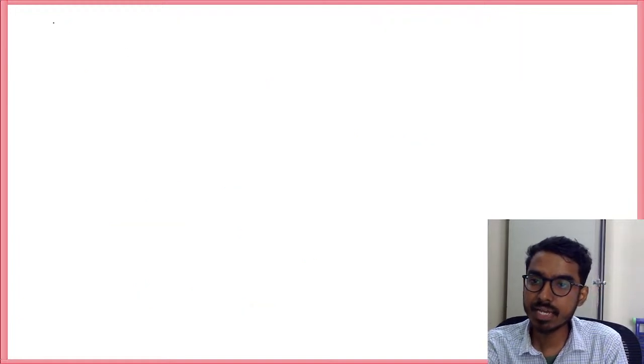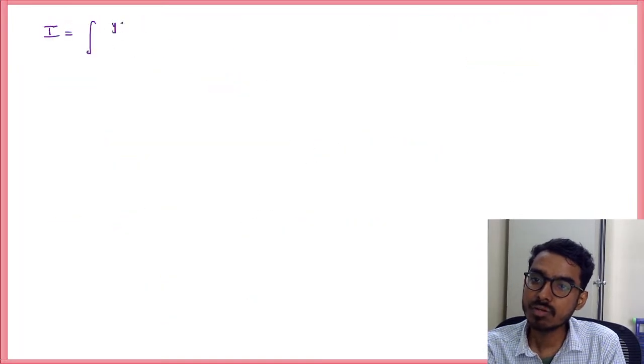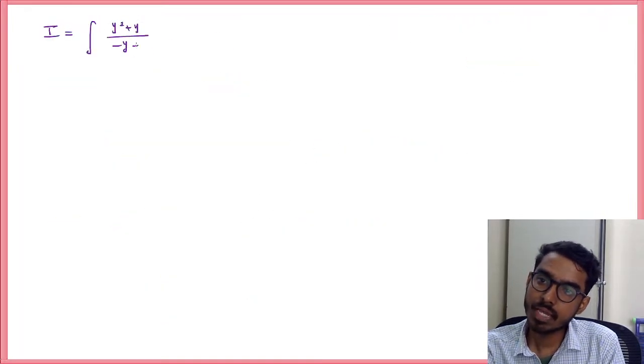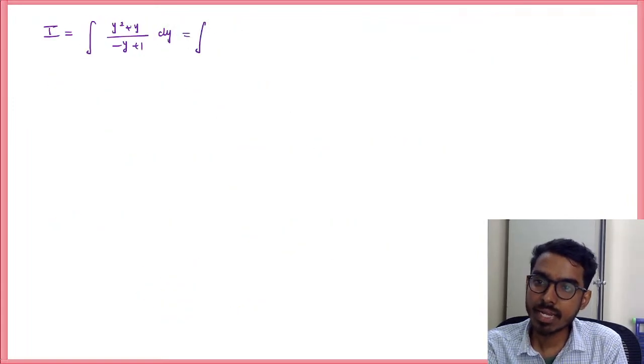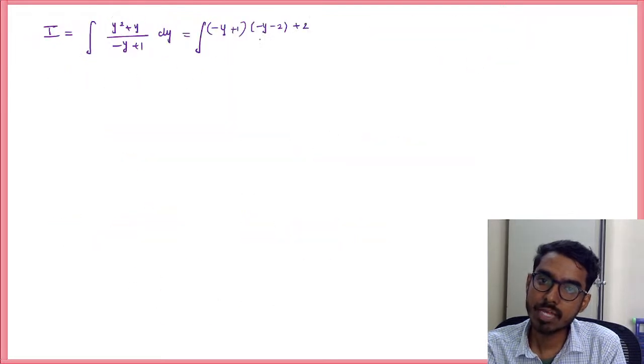Let us replace that again. What is I? I is integration of y square plus y divided by minus y plus 1 dy. So I can write y square plus y as minus y plus 1 into minus y minus 2, plus 2, right?